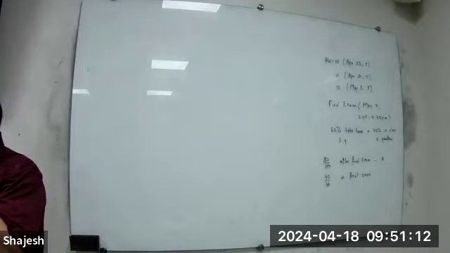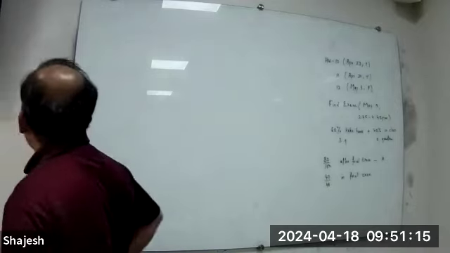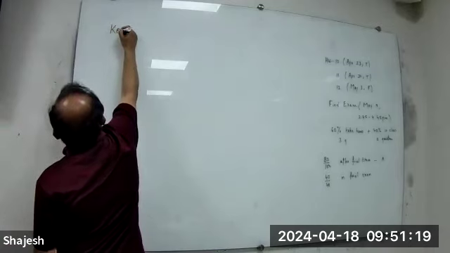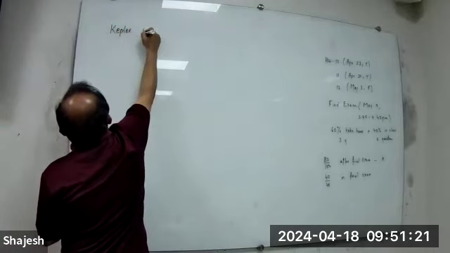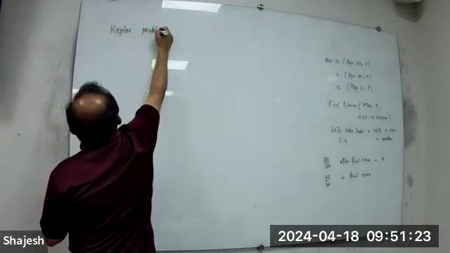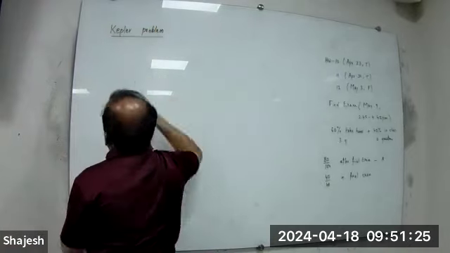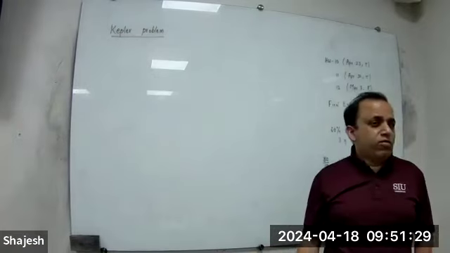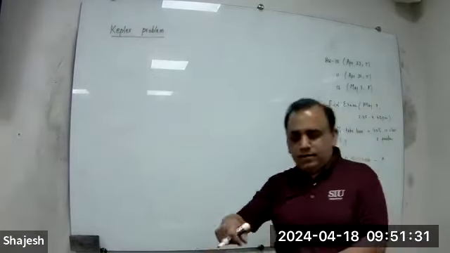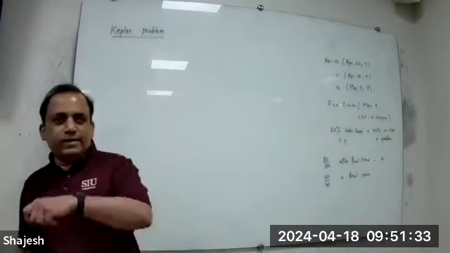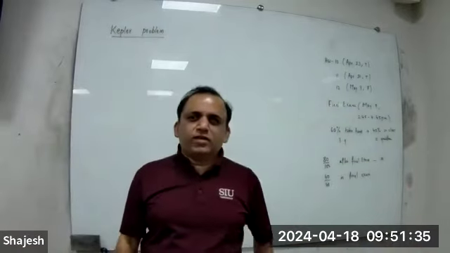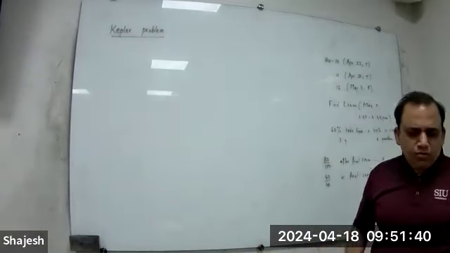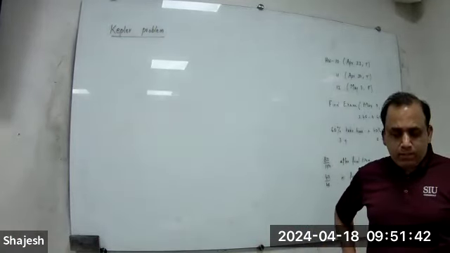We were doing the Kepler problem. It's about how planets move around the sun, or for that matter, stars move around the center of the galaxy, and in general, how heavenly bodies move. It was mostly given by Kepler.